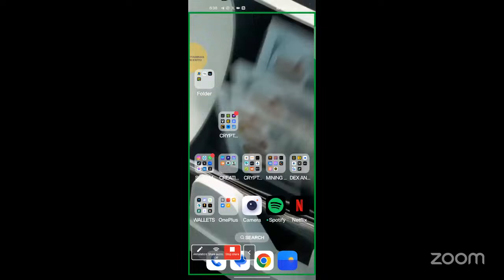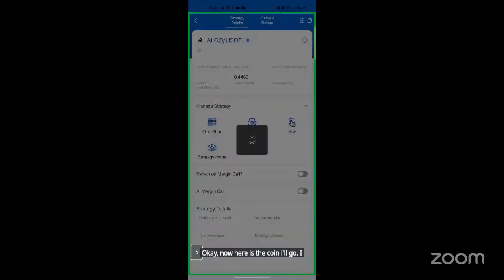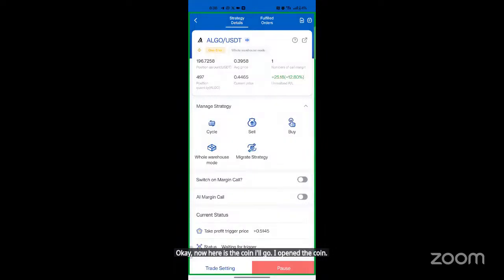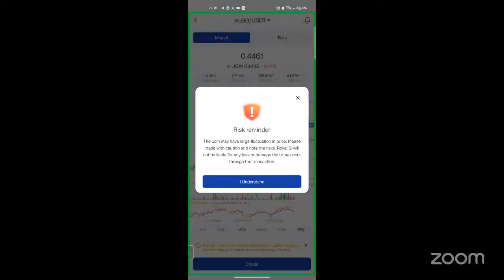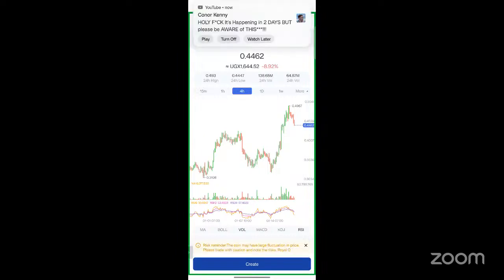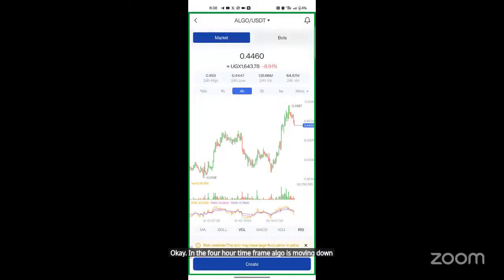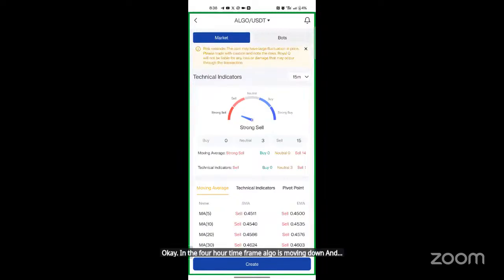Okay, now here is the coin, Algo. I open the coin, and this is 4 hours, and Algo is moving down. In the 4 hour time frame, Algo is moving down, and I tap on pivot point.